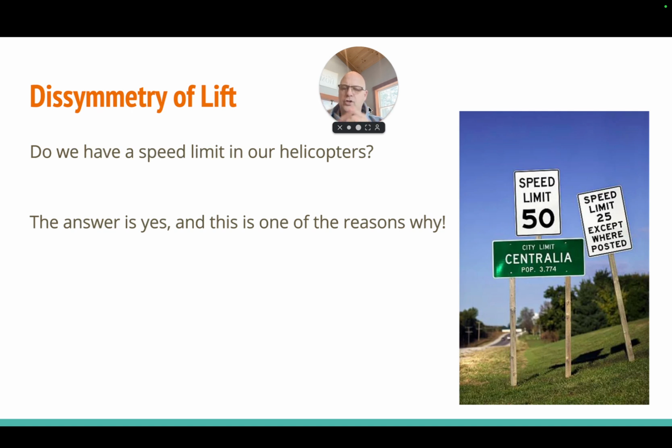So the question often comes up: do helicopters have a speed limit? You will see that the speeds vary by the type of aircraft you fly, and the answer is yes, there is. Because at some point, the rotor system, as it has a constant RPM, cannot keep up with the adjustments that are being made to cancel out the dissymmetry of lift on the left and right side, which can cause a stall.